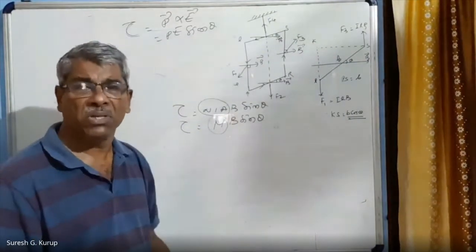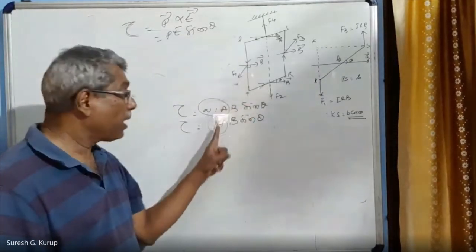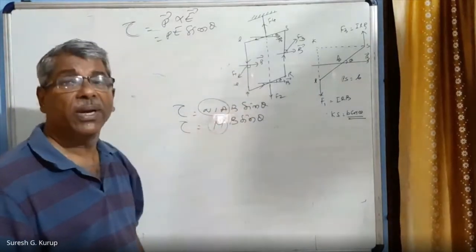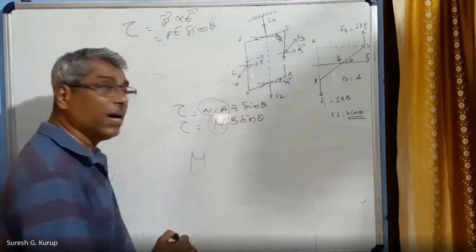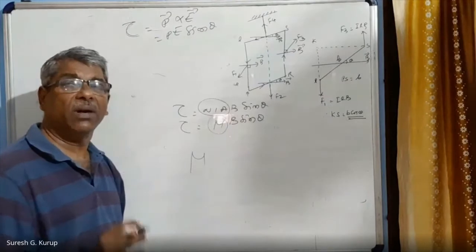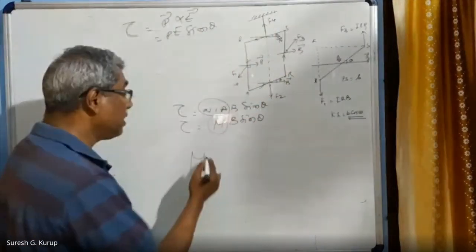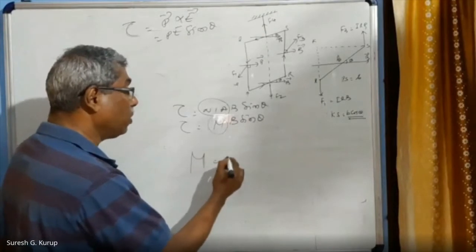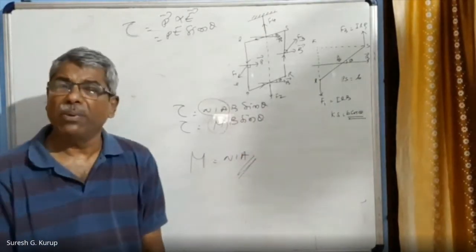Magnetic moment must be there. In the case of a loop, the magnetic dipole moment is equal to NIA. Therefore, we can write the magnetic moment associated with a current carrying loop of N turns is given by M is equal to NIA. Right? So this is a very important thing.